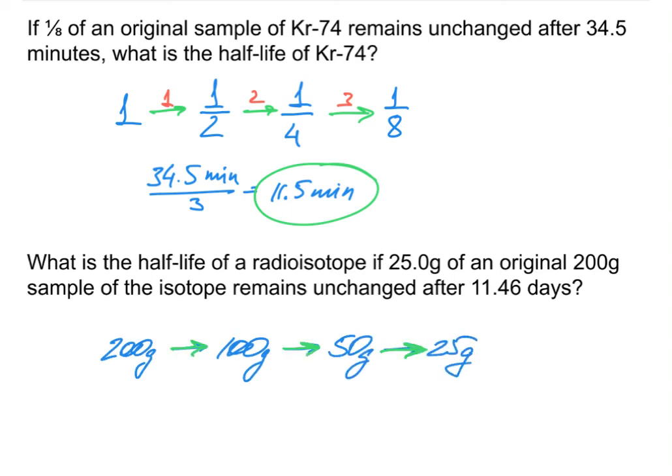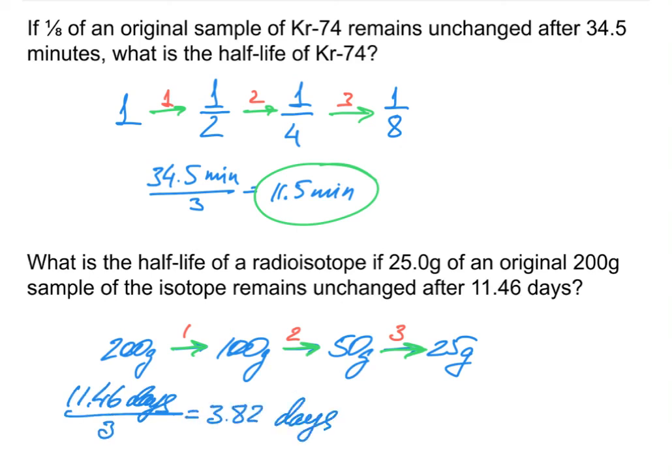So 200, 1 half-life later it is 100, then it is 50, and then it's 25. So it is 3 half-lives. So there are 3 half-lives that fit into 11.46 days. So we take 11.46 divided by 3, and we know that this radioisotope has a half-life of 3.82 days.